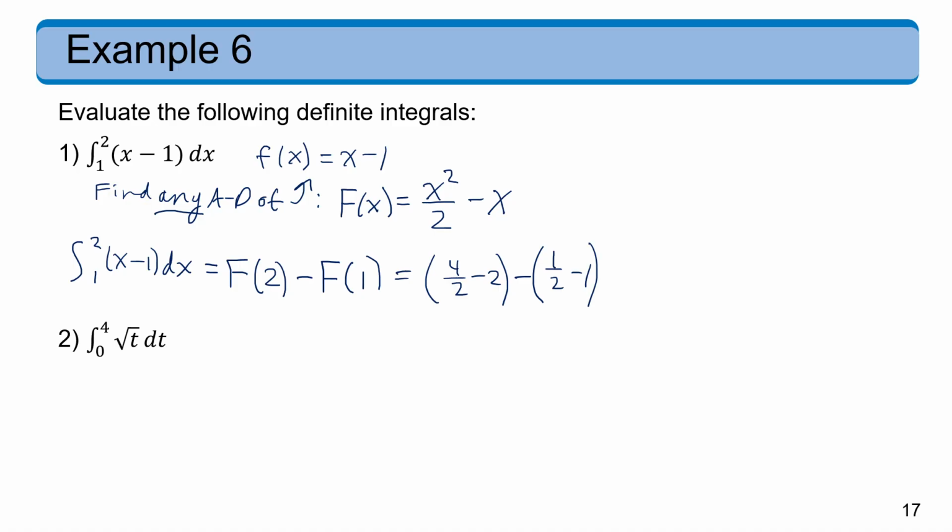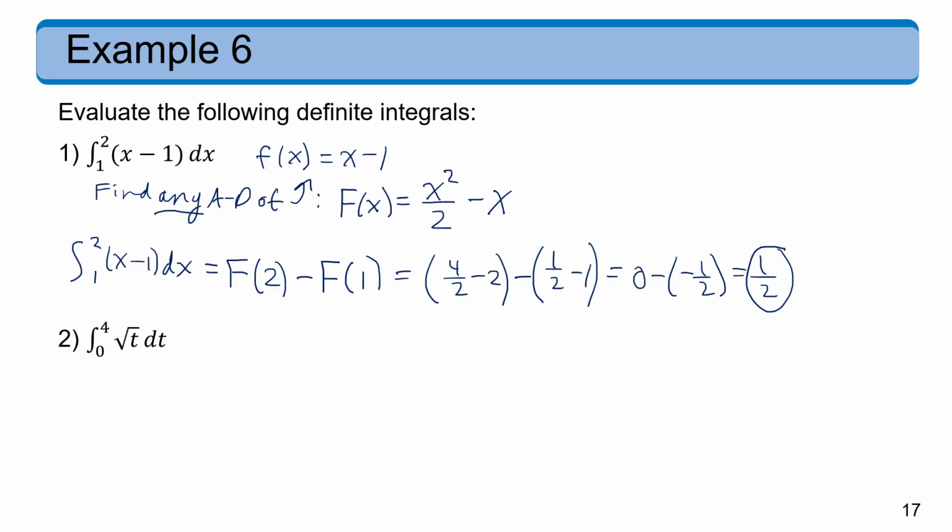Now simplifying, notice in the first parentheses, this is 2 minus 2, so that's 0. And then here in the parentheses, 1/2 minus 1 is negative 1/2. Right? So we get 0 minus negative 1/2, which comes out to positive 1/2. And we're done. We've evaluated this integral.